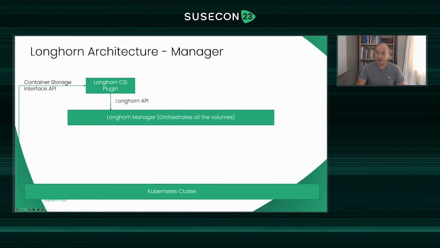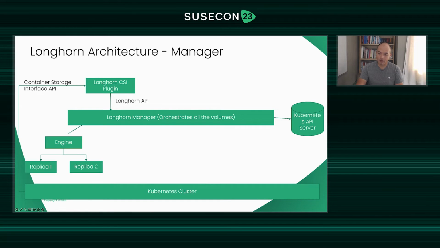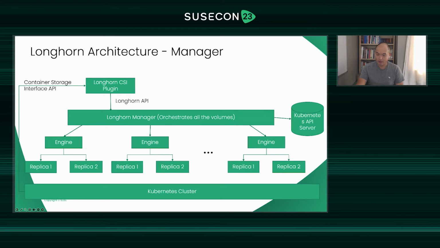The Longhorn CSI plugin talks to the Longhorn manager via API, and the Longhorn manager is using the Kubernetes API server to store all the metadata and orchestrate all the volumes. Longhorn manager sees that request, starts the engine and replica on corresponding nodes, and starts providing the data to the pods. And more requests, more engines, more replicas, and so on.